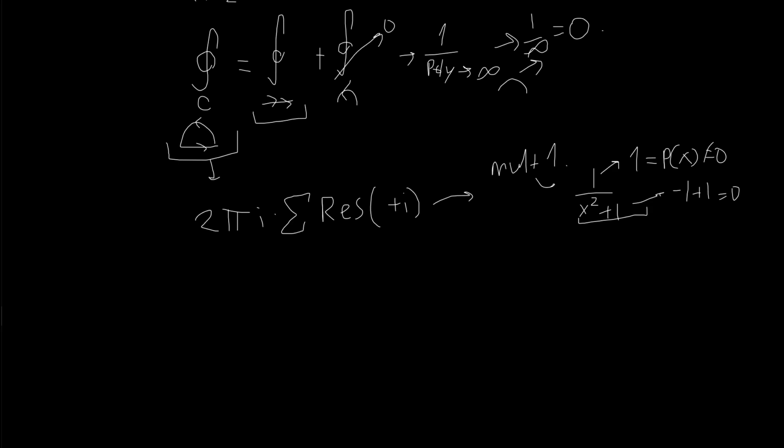So that means that q of i is equal to 0. And of course, q prime of x is equal to 2x, which is 2i, which is of course not equal to 0.